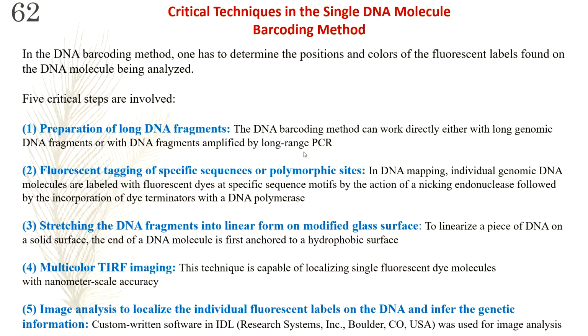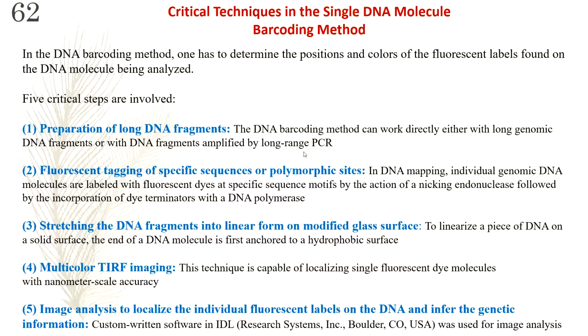And this low fluorescence background surface also makes it possible to detect a single fluorescent dye molecule that is tagged along a DNA backbone. Because you know that a single molecule is not going to fluoresce much. Its intensity is going to be very low, right? But since it has almost zero background, you can easily detect this single fluorescent molecule.